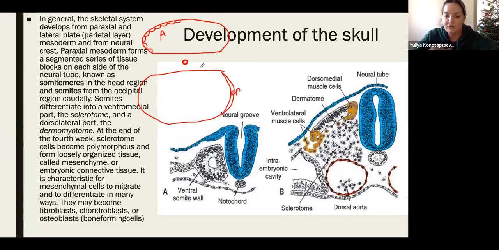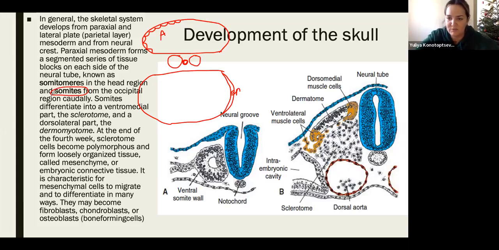What is important for us right now is what is on the two sides of the notochord. Right on the two sides of it, we have the paraxial mesoderm. And in embryo 1, you should have learned that paraxial mesoderm is organized into somites.